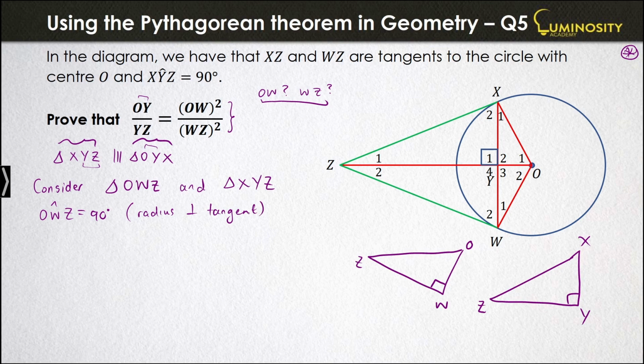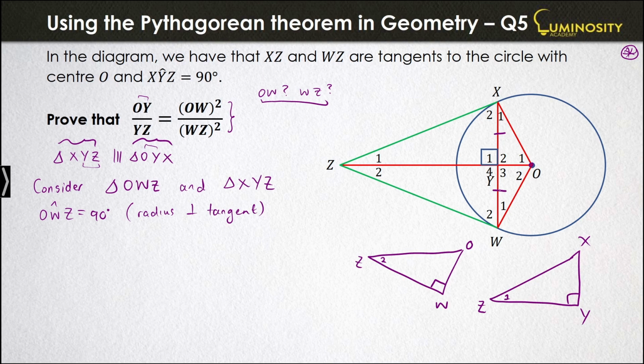All right. But remember, in this triangle XZY, this was Z1, and then this was Z2. So they're not necessarily the same just yet, but we need to show that they could be the same. So what else can we look for here? Well, since O is the center of the circle, that was given to us, and chord XW cuts that center, this means that these two sides are bisected, so they are equal in length.